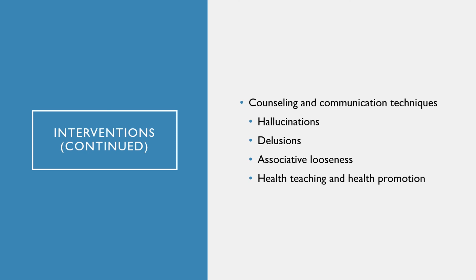Communication is usually aimed to build that trust and reduce anxiety. We need to remember that these patients have memory and attentional impairments, and they require repetition, visual and verbal reminders to help promote learning and task completion. We also need to remember that shorter, frequent counseling sessions are going to be better tolerated.